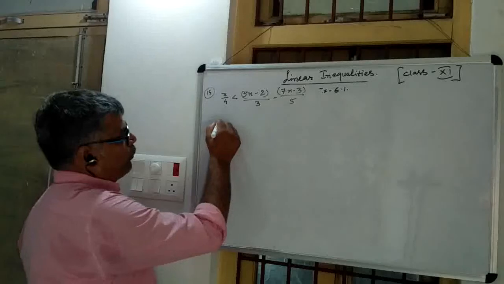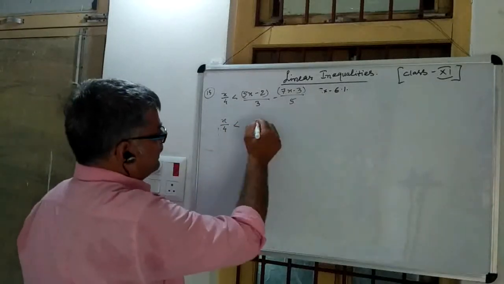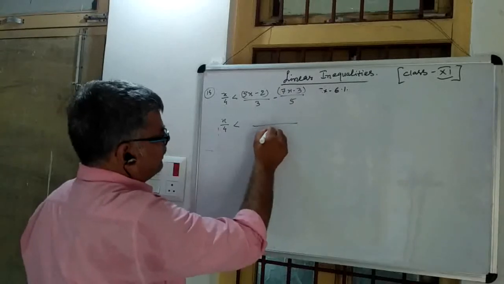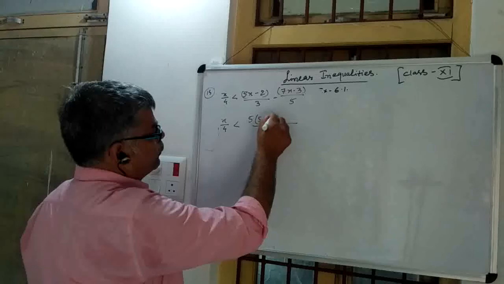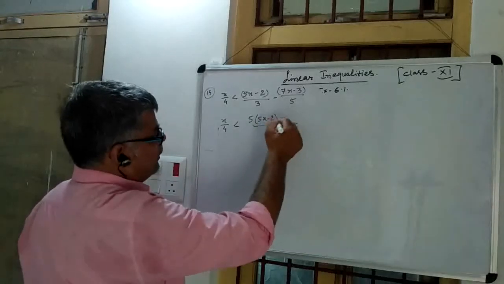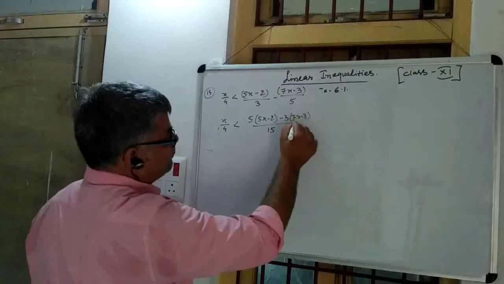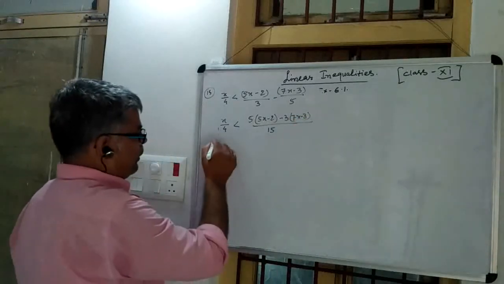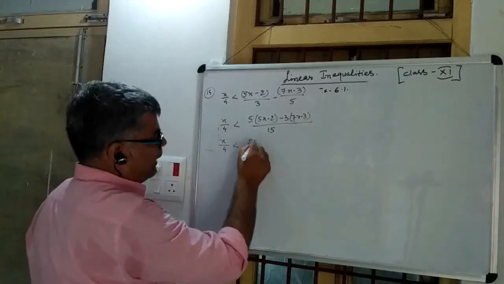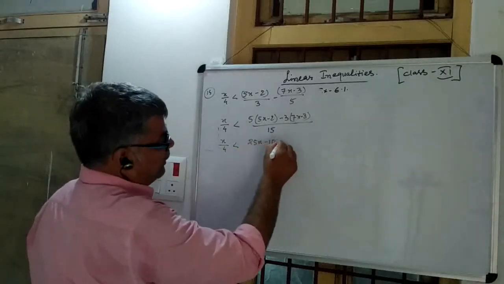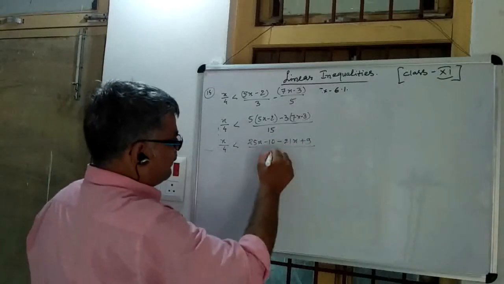So x by 4 is less than, now take the LCM of 3 and 5, that is 15. 5 into 5x minus 2 minus 3 into 7x minus 3, that is x by 4 is less than 25x minus 10 minus 21x plus 9 by 15.